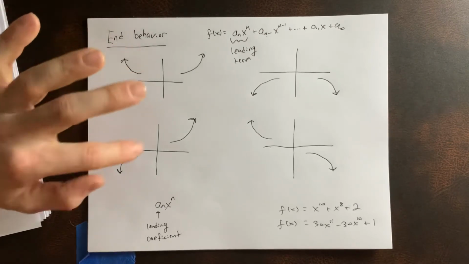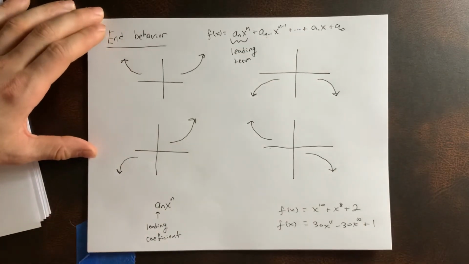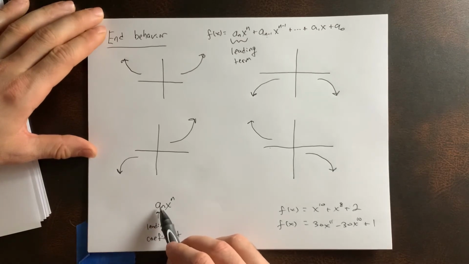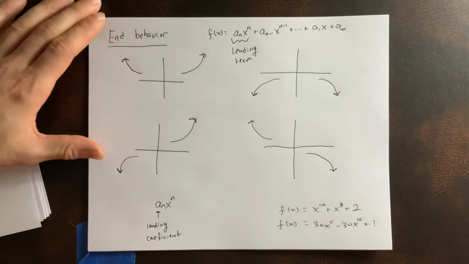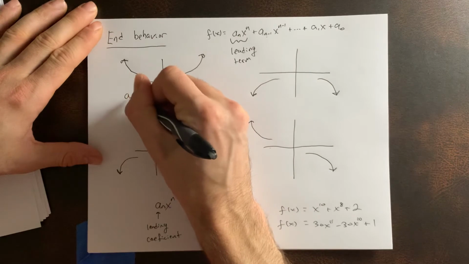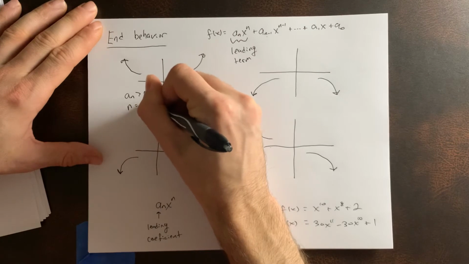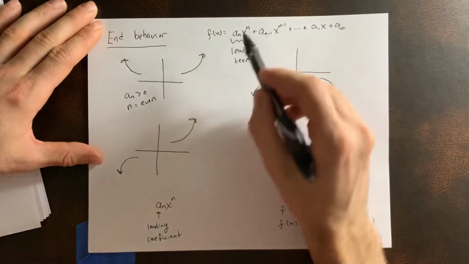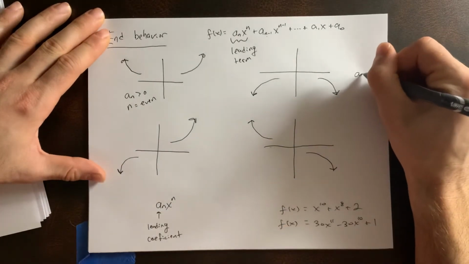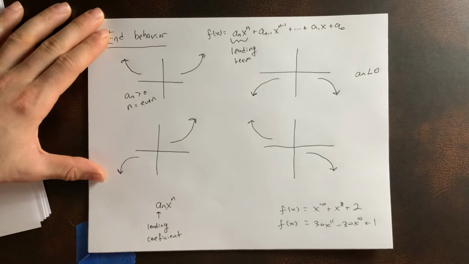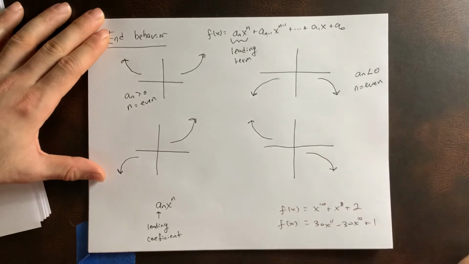Now the end behavior of these graphs is all going to be determined by this leading term, by two things. One is the leading coefficient: is it positive or negative? And the power: is it an even or an odd number? For this example, our an is positive and this n is an even number, so the end behavior is going to be something like this. For this one, an has to be less than 0 and n is even, an even number like 10 or 16.